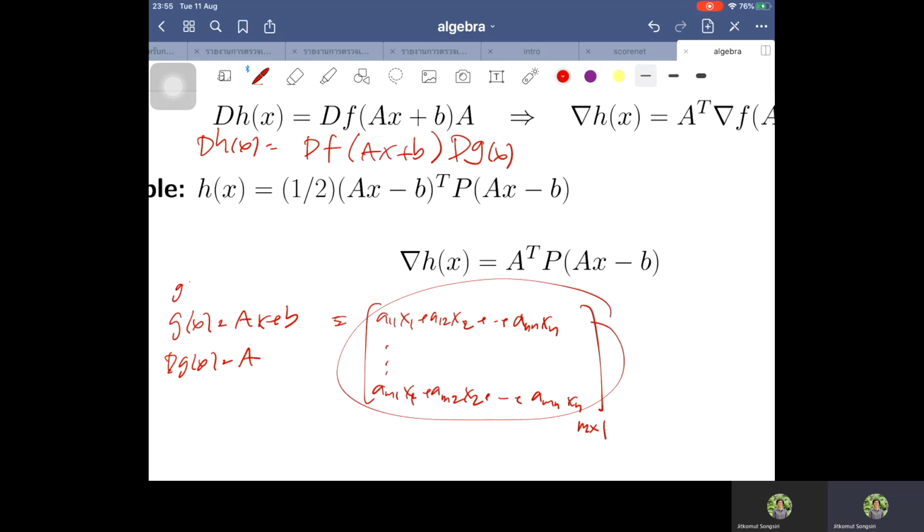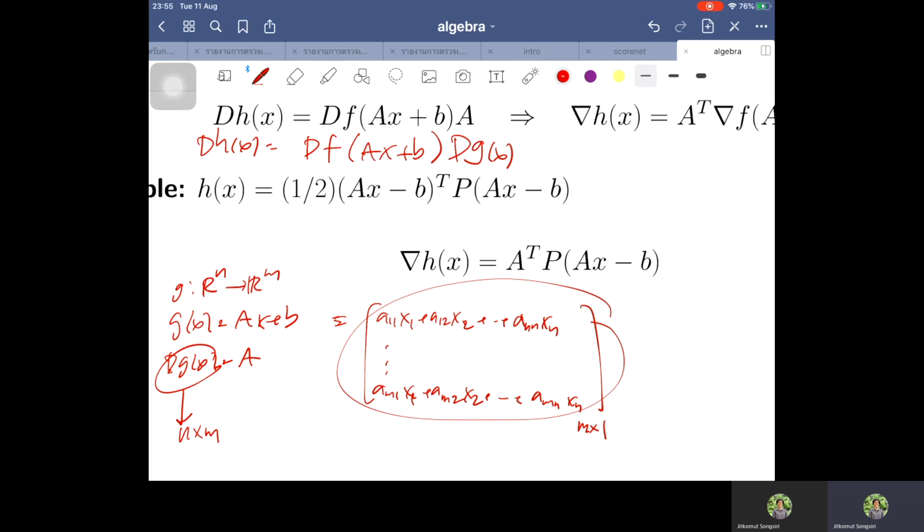Your G maps from Rn to Rm, so your Jacobian matrix is going to be a matrix of m by, sorry, n by m.